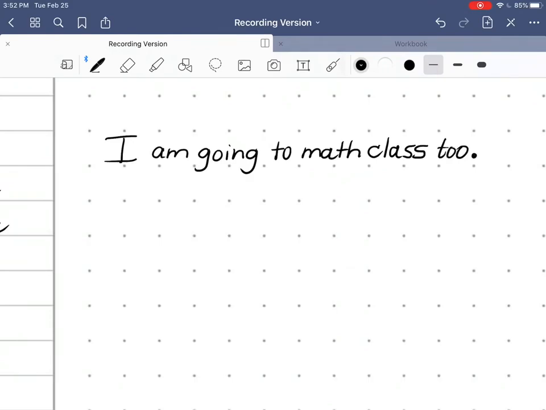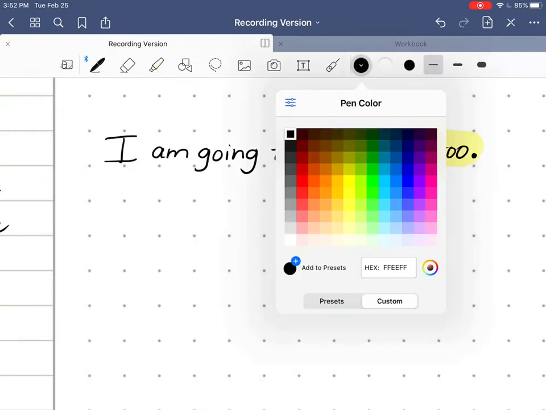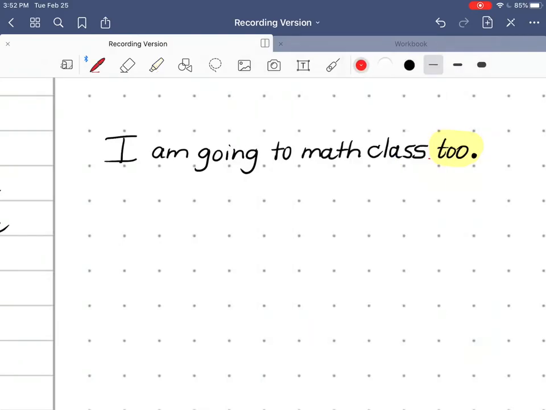I'm going to math class, too. And here is the word "too." We want the comma because it's at the end of the sentence. You need the comma right there. I am going to math class, too.